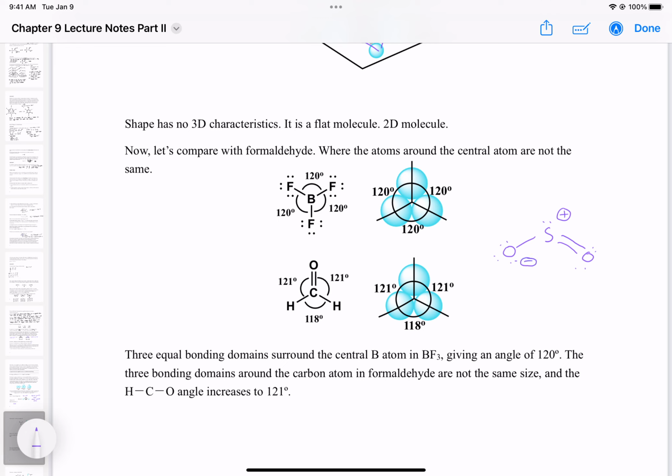Okay. So what's the electron geometry for sulfur? If we look at the electron geometry, we count how many electron domains are around sulfur. So we count the single bond plus the double bond, plus the lone pair. That gives us 3 electron domains. So this is going to be trigonal planar.